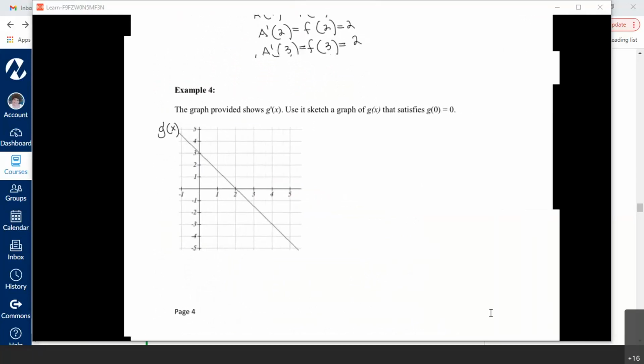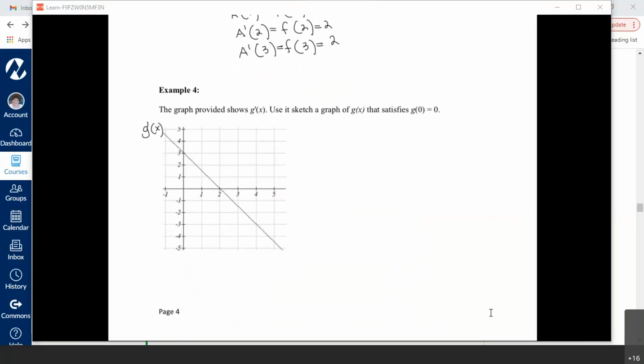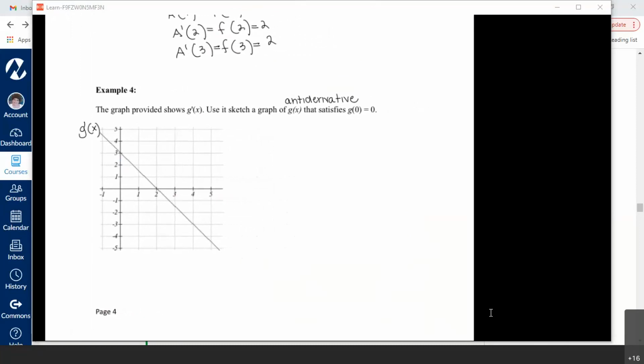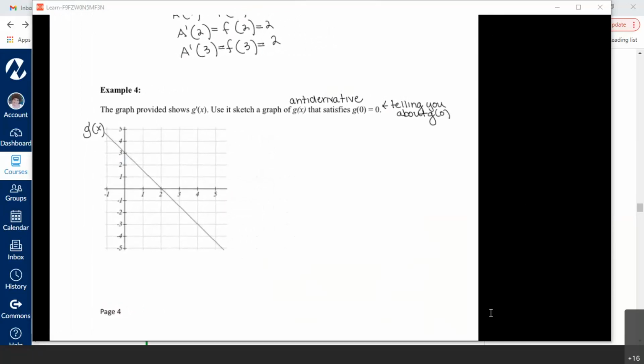Sketch the graph of g of x, its antiderivative, and make sure it satisfies the condition that g of 0 is 0. They're telling you some information about the graph, the value at 0. Well, let's get started.